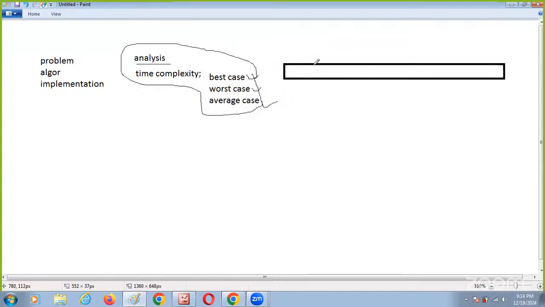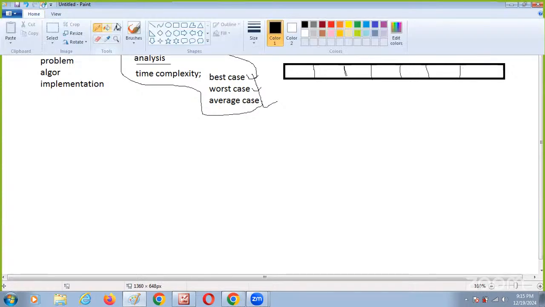Now let me explain a simple searching technique.